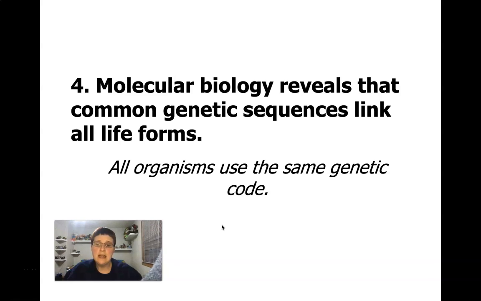So they write their DNA using the same 4 letters. So they all use A, T, C, and G, the bases for DNA, to write those directions. And they all use those to build the combinations for making amino acids into proteins.